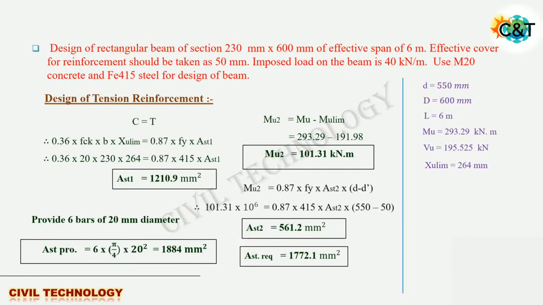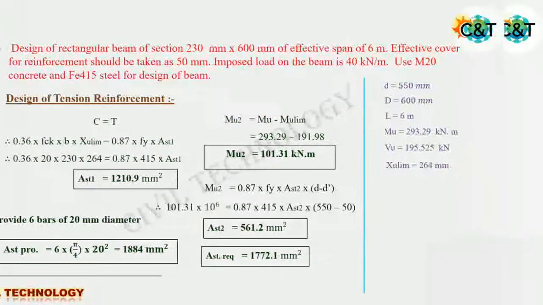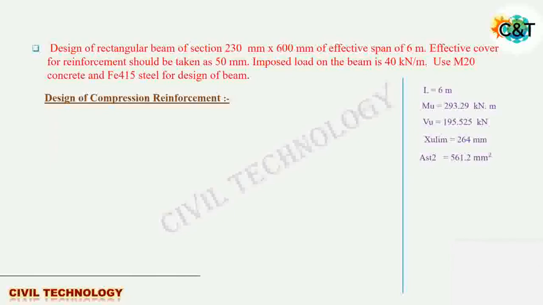Next step is to calculate the compression reinforcement. As we have seen, there are two types of reinforcement, tension and compression. For the compression part, we have to see at what strain our beam section will fail, or at what strain our concrete will fail.